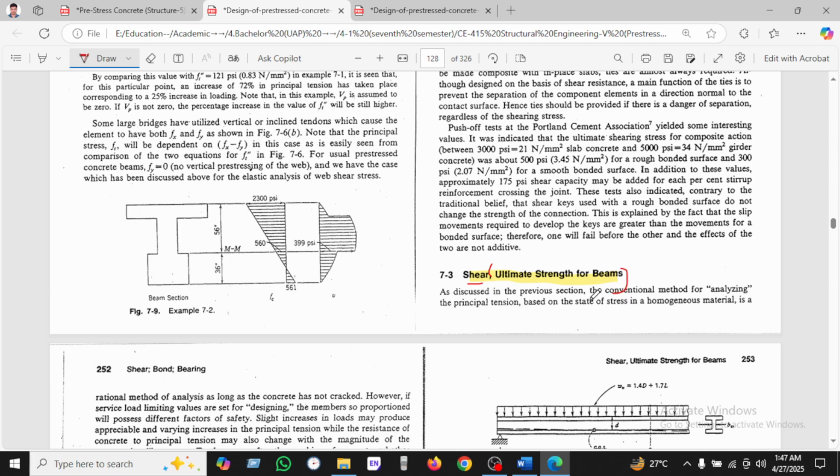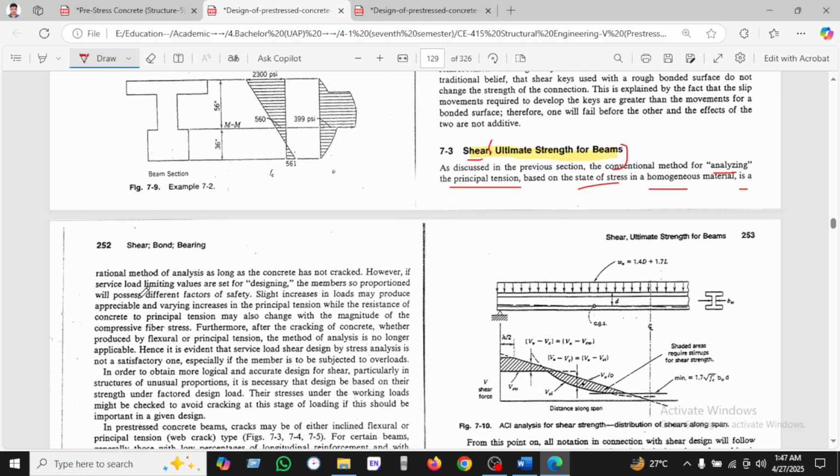As we discussed previously, the conventional method of analysis of the principal tension, based on the state of stress in a homogeneous material, is a rational method of analysis as long as the concrete has not cracked. So the concrete will not be cracked.